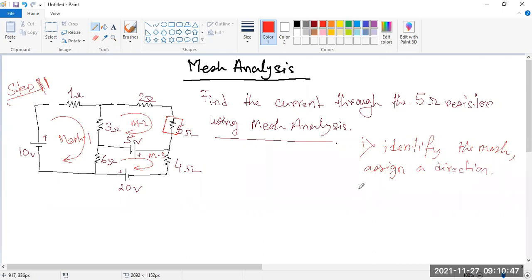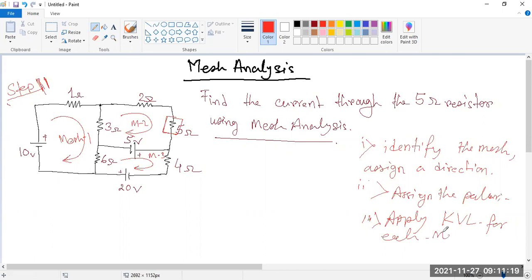Then assign the polarity, or you may say the way of traversing. So this is positive, this is negative, so traversing is in this way. And then apply KVL for each mesh.